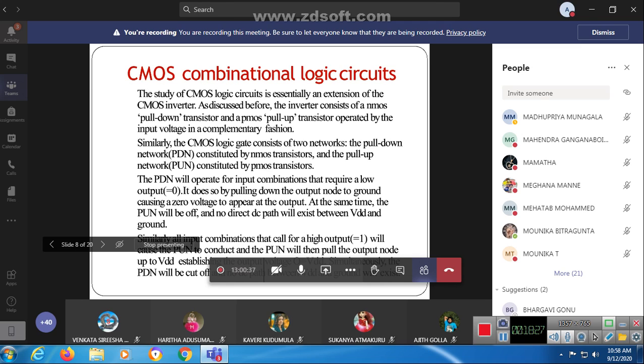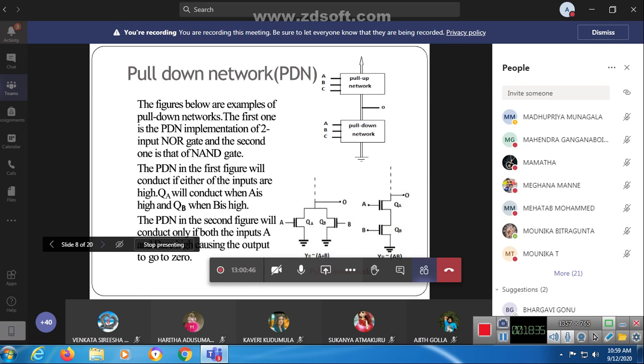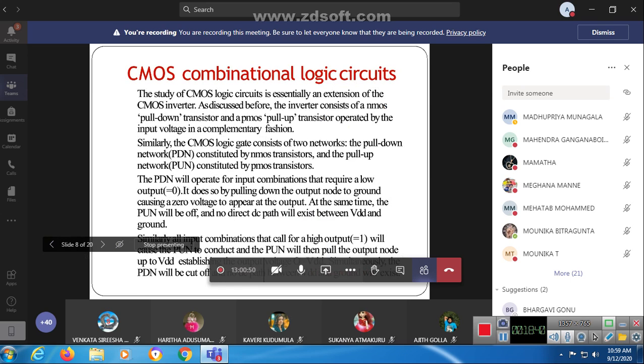So in combinational logic circuits, as we already discussed the pull up and pull down, we clearly have to know what a pull down network is and what a pull up network is. CMOS logic circuits are essentially an extension of the CMOS inverter.